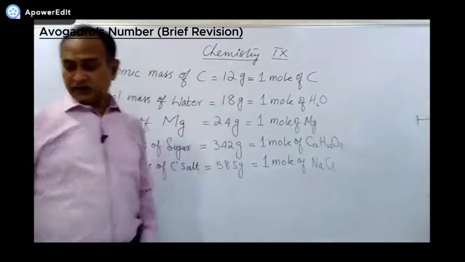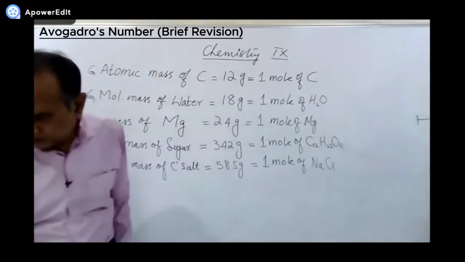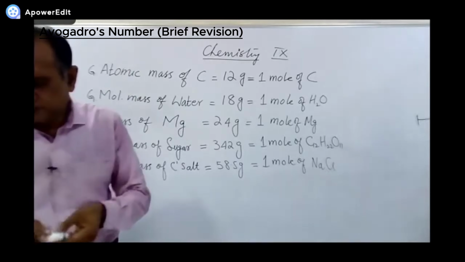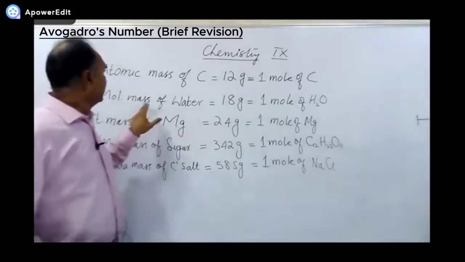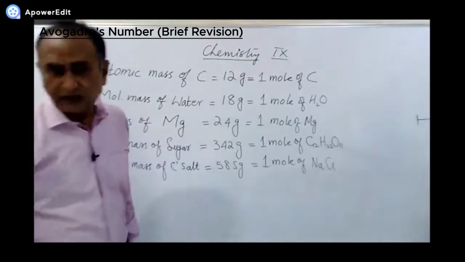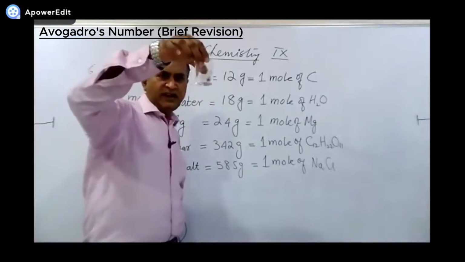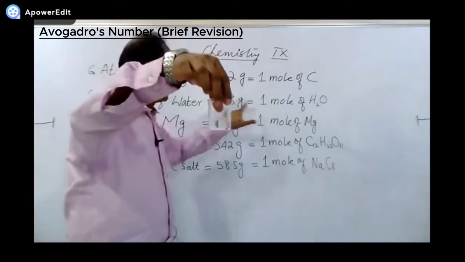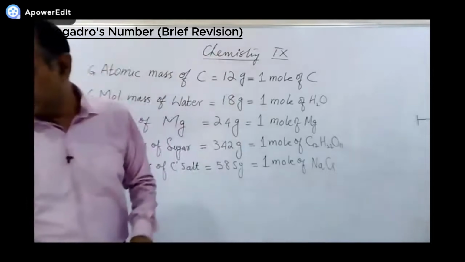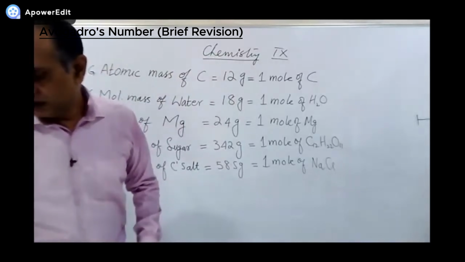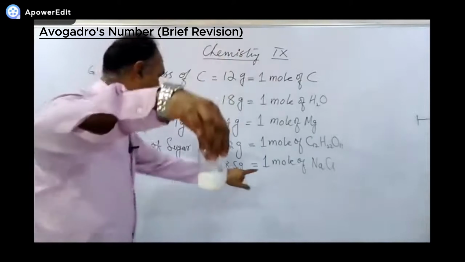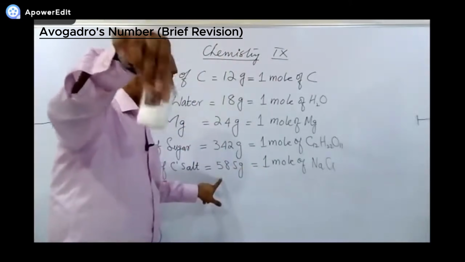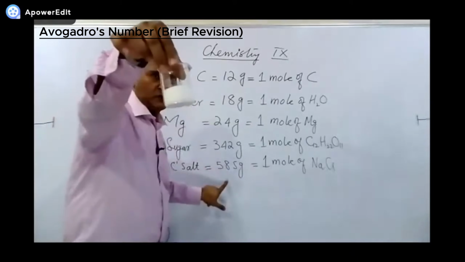So 12 gram of carbon and 18 gram of water. So here I have 18 gram of water. This is 18 gram of water. All right? This is salt. 1 mole of salt, 58.5 gram salt. Common salt.